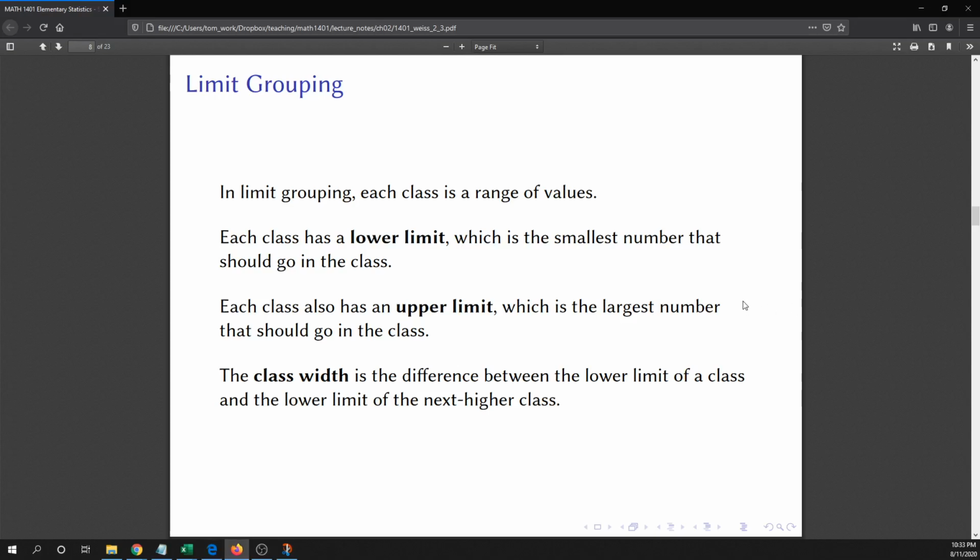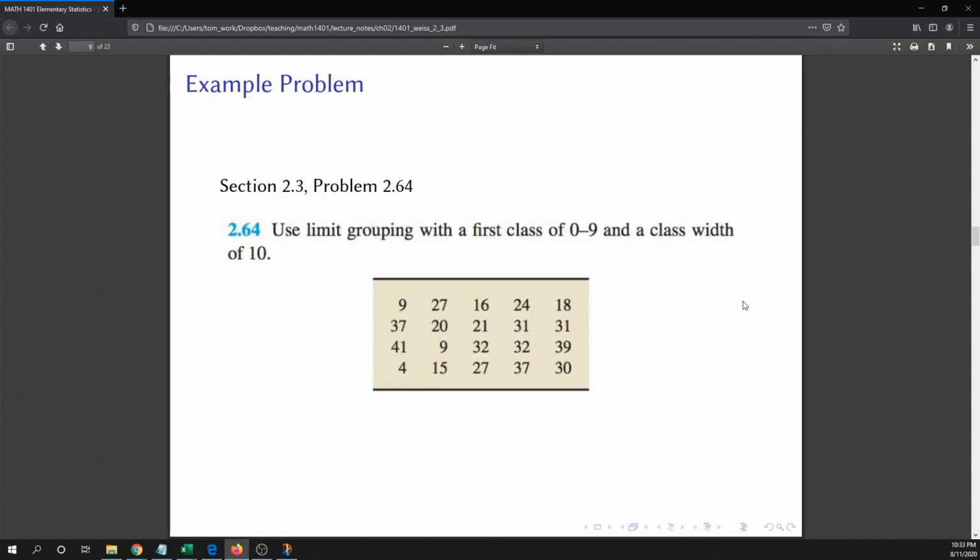Let's take a look at an example. It says use limit grouping with a first class of 0 to 9 and a class width of 10. Let me take a picture of this so I can draw on it.